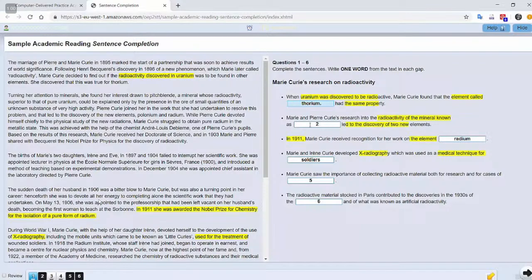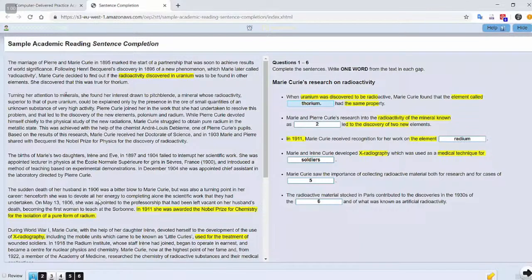So this is where number 1 is. This is where number 3 and 4 are. That means number 2 has to be in here. Right, turning her attention to minerals.